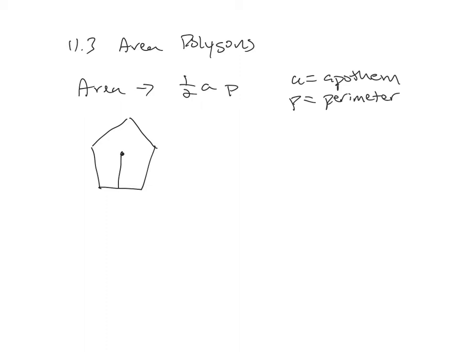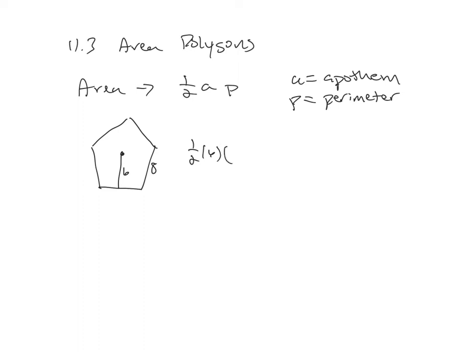You need the apothem. Let's say it was 6, and then let's say that the length of one side was 8. So remember, they're all regular, which means the sides and the angles are the same. So if you have those two pieces of information, you're good.